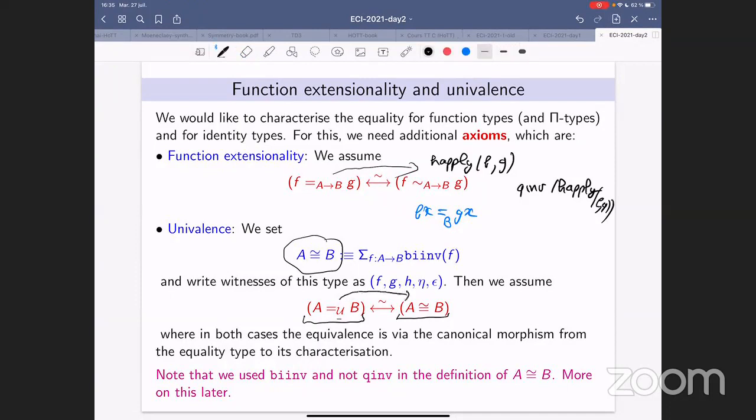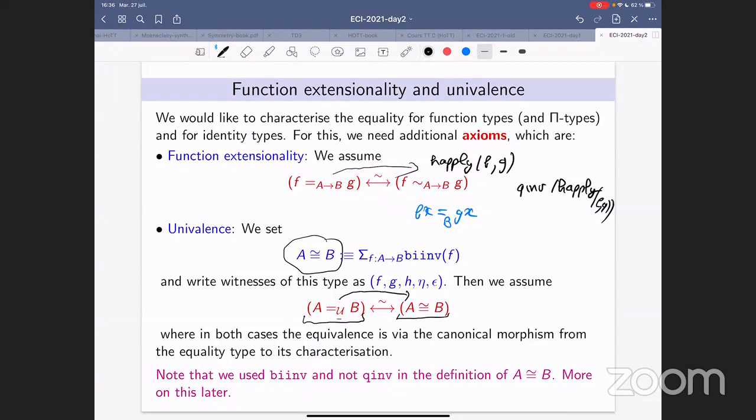And what I require is that this function is an equivalence. And for this, I can use q-inv or bi-inv or whatever notions are logically equivalent. At this level, to show that they are equivalent, I can use any of the q-inv and bi-inv, and we will see two other such things.